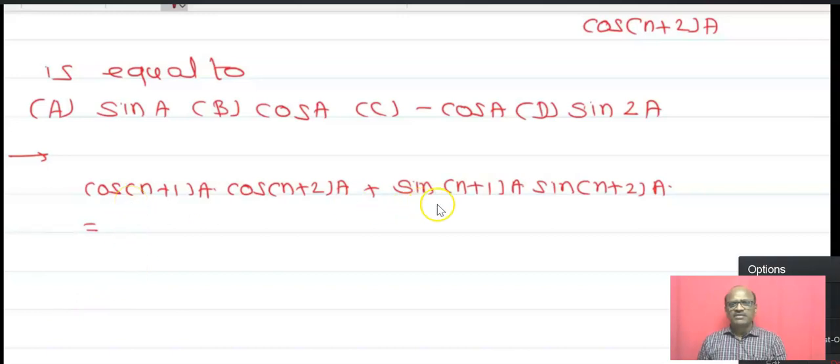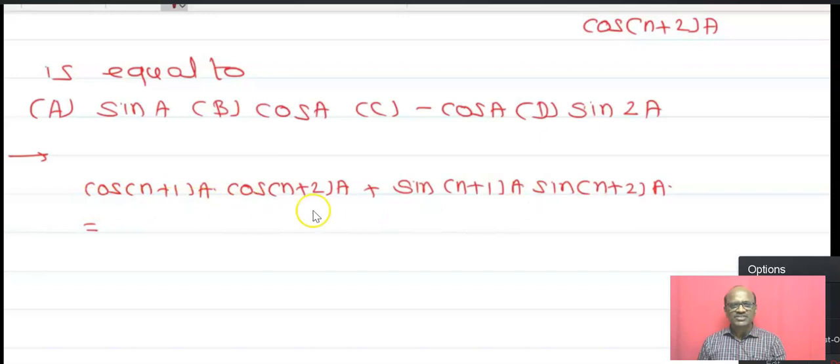Now see here, it's a very simple example. We are given sin((n+1)a) sin((n+2)a) plus cos((n+1)a) cos((n+2)a). I know that this is nothing but the expansion of cos(A minus B).